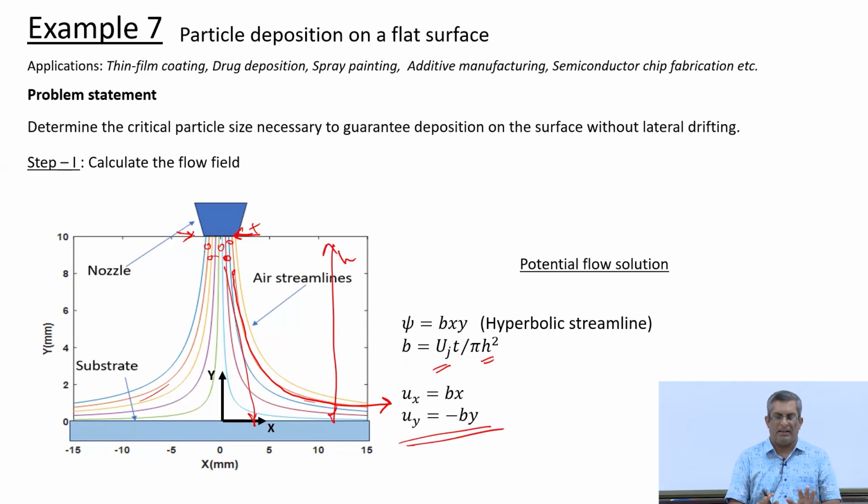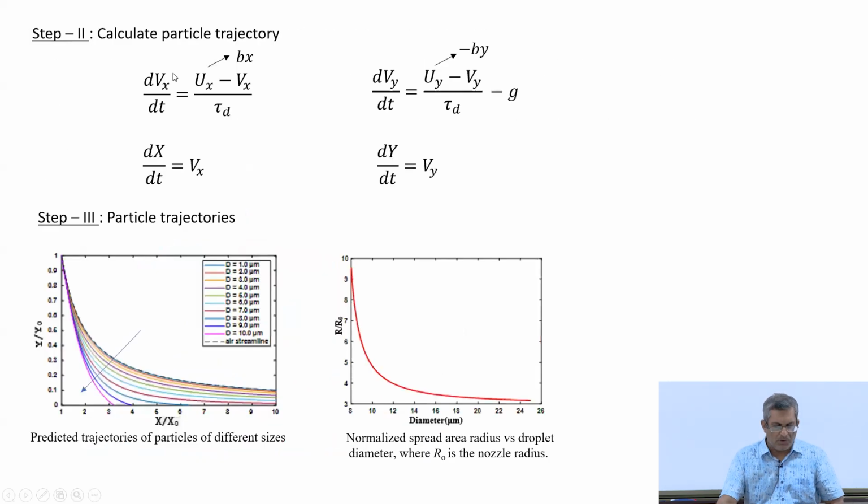So, we get a hyperbolic function that represents the streamlines, and these are the streamlines which are shown here. Once you know this, the next step is to consider the particle equation of motion.